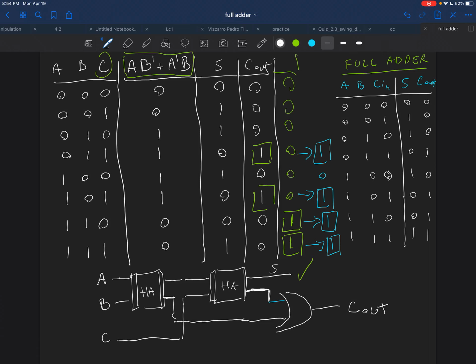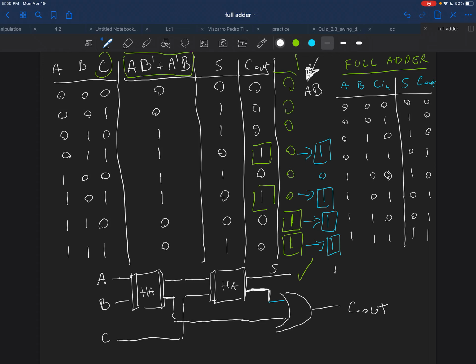I hope that makes sense. You can play around with it. If that last step didn't make sense, I would draw it out again, particularly this bit. What is this? This is basically A and B being true.